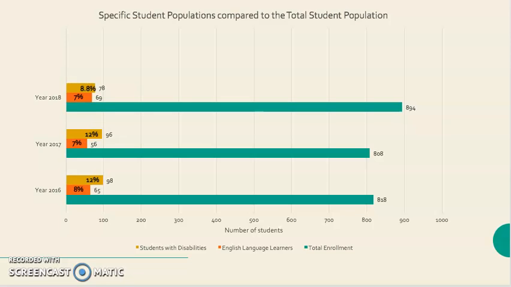However, with our students with disabilities, we actually decreased in the year 2018. So in the year 2016 and 17, we were at 12%, and then in the last year of 2018, we decreased to 8.8%.